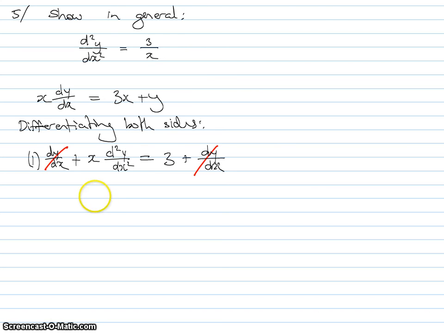This means that x times my second derivative is going to be a constant 3, so d squared y by dx squared is equal to 3 over x in general. And thus we have shown what we wanted to, QED.